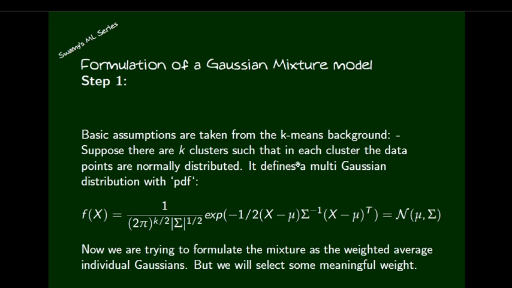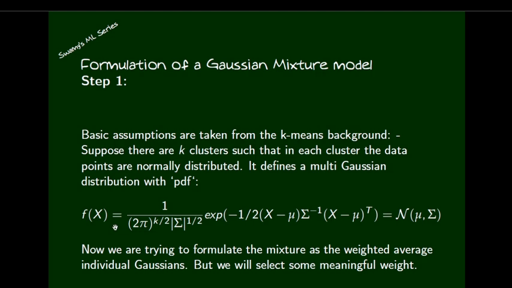So I use the background of k-means clustering. Suppose there are k clusters such that in each cluster the data points are normally distributed. That means we automatically have the clusters, and clusters are represented by normal distributions. That's all. It defines a multi-Gaussian distribution with a PDF.